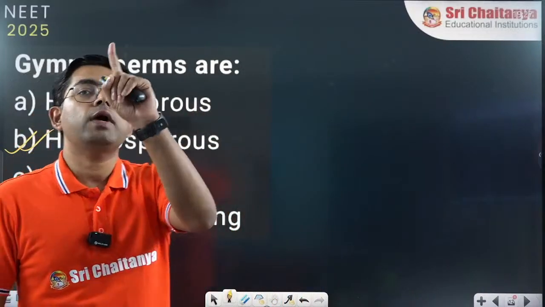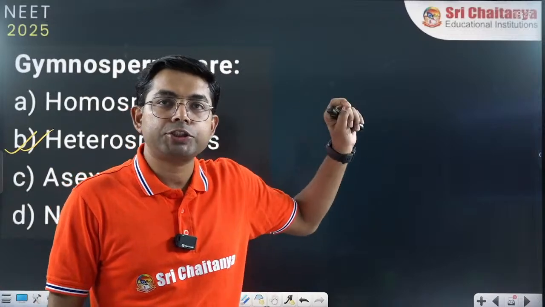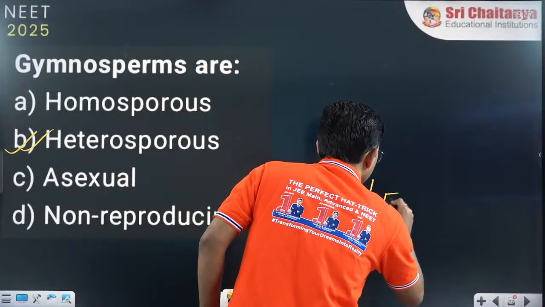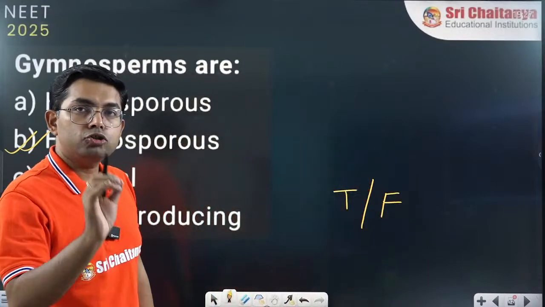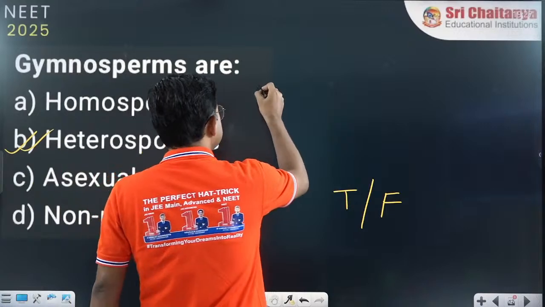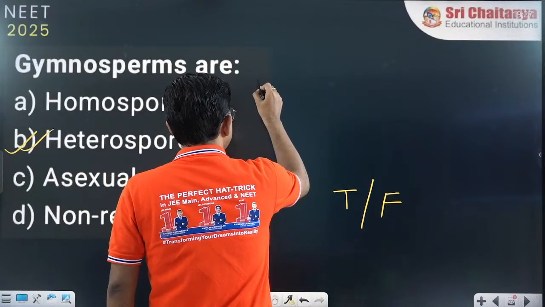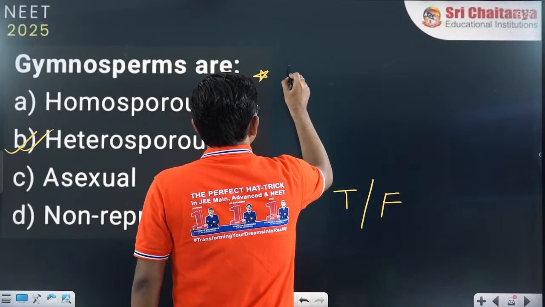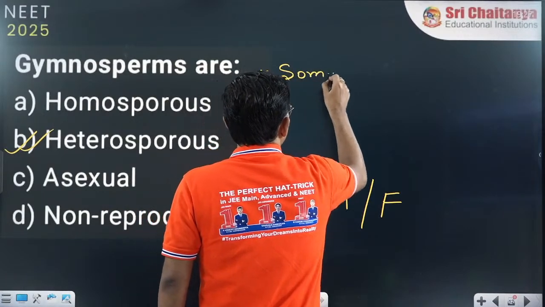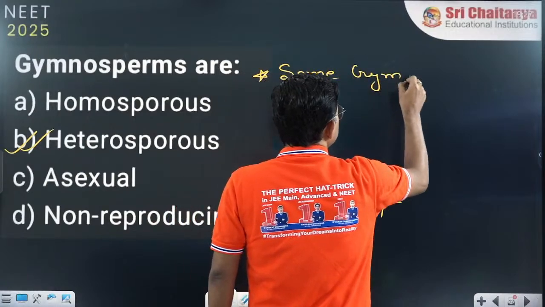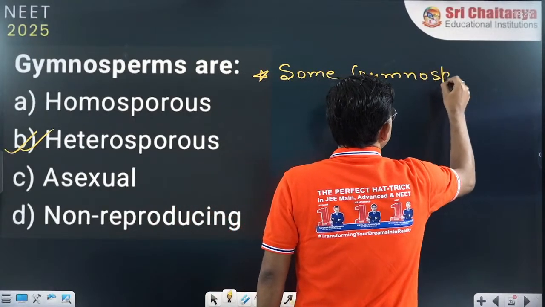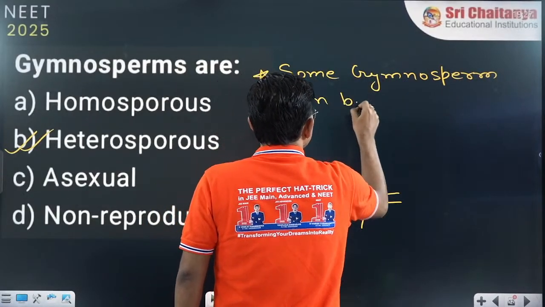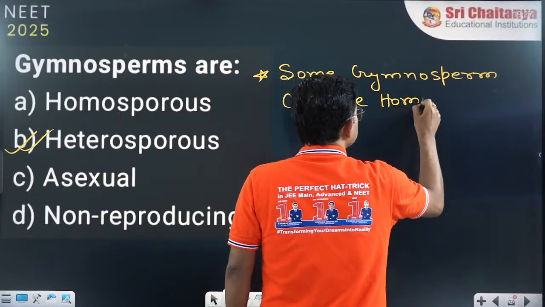Now I am giving you one statement. I am writing here one statement. You have to mention it as true or false. The statement is: some gymnosperms can be homosporous.